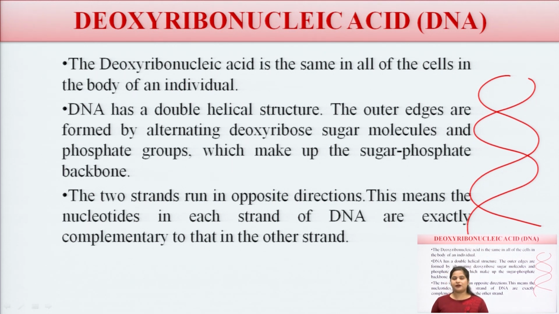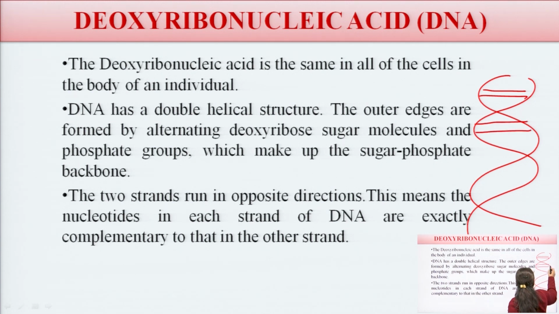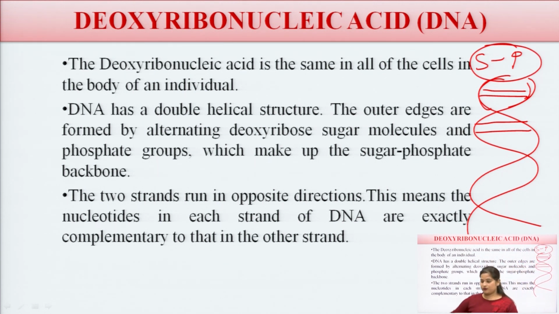The outer edges are formed by alternating deoxyribose sugar molecules and phosphate groups, which make up the sugar-phosphate backbone. The two strands run in opposite directions. This means the nucleotides in each strand of DNA are exactly complementary to those on the other strand.